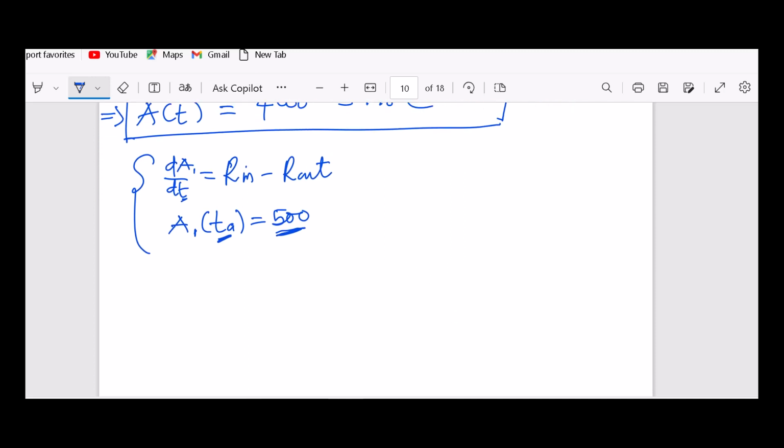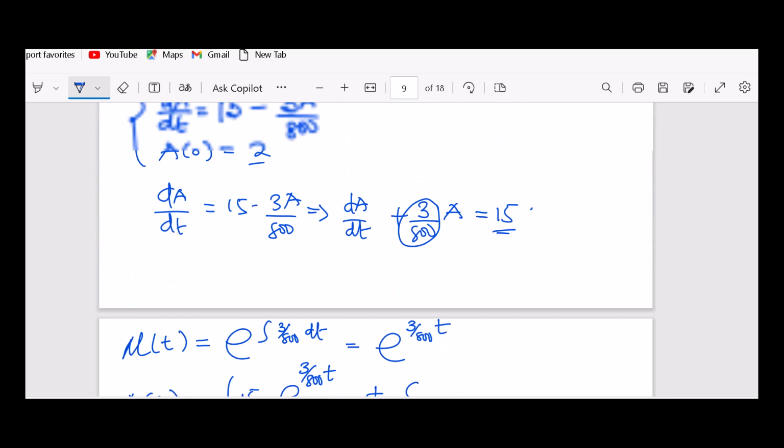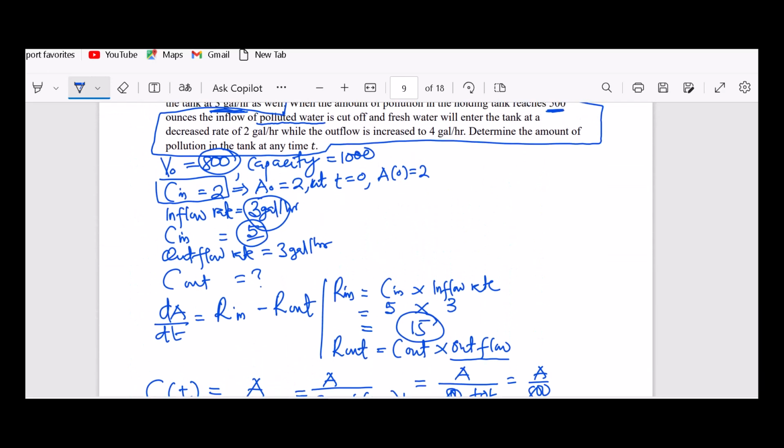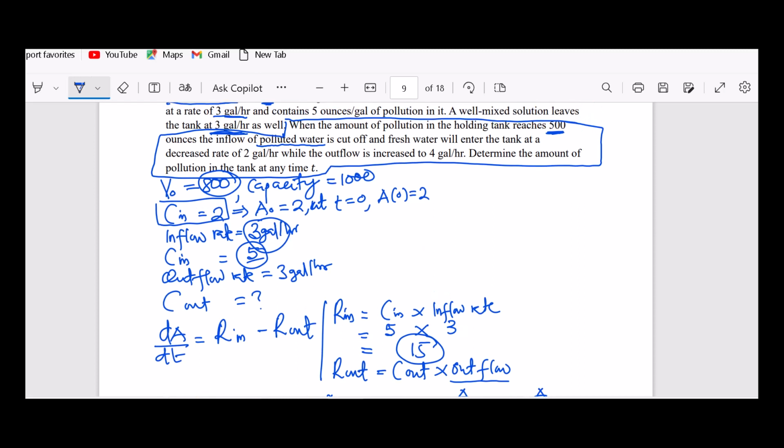Now let's find our rate in. Of course, let's go back to the question. We know that rate in is concentration in times inflow rate. Now the concentration in: they said that at 500 ounces the inflow of polluted water is cut off and fresh water will be entering.